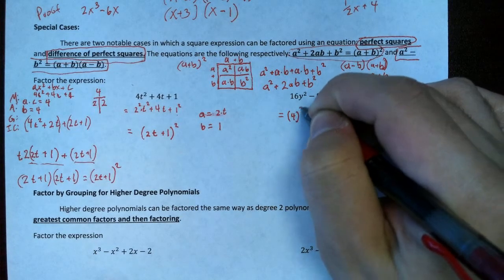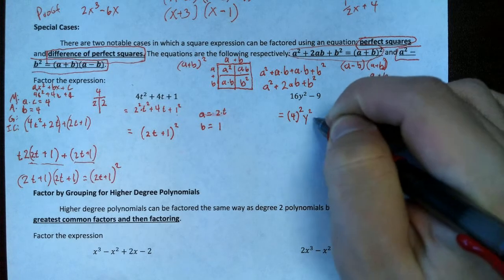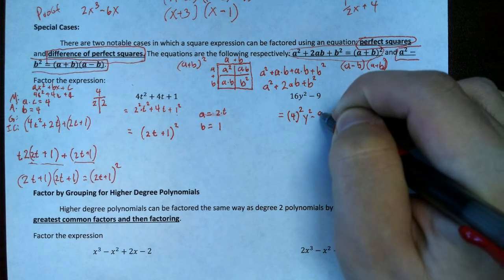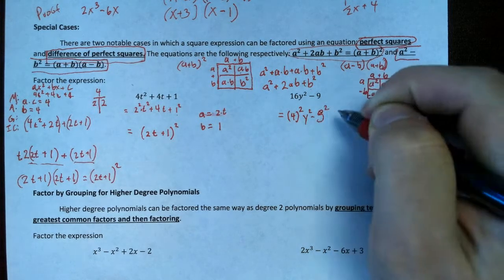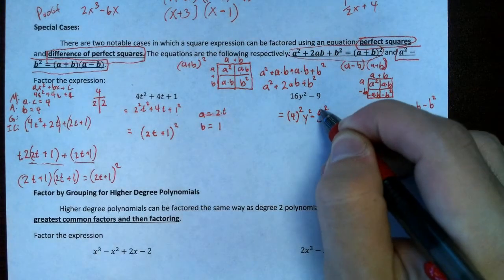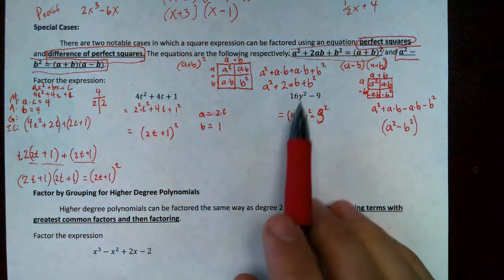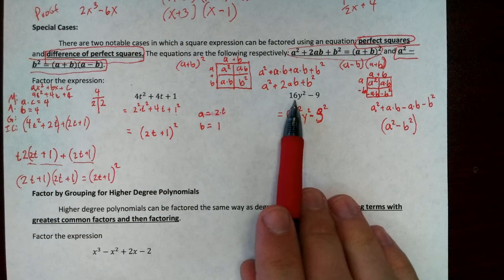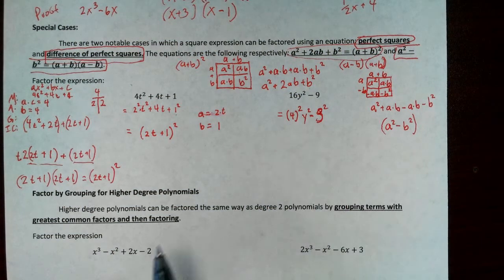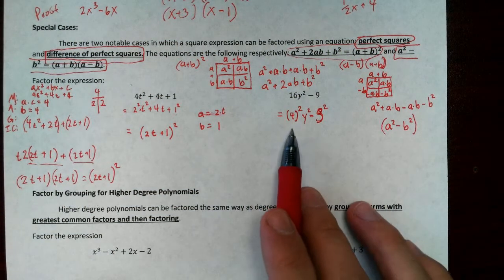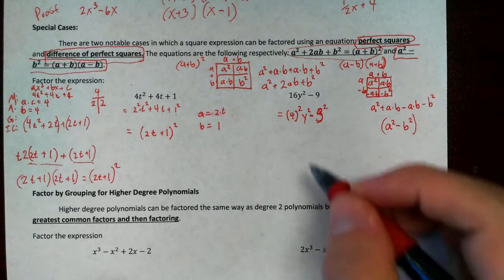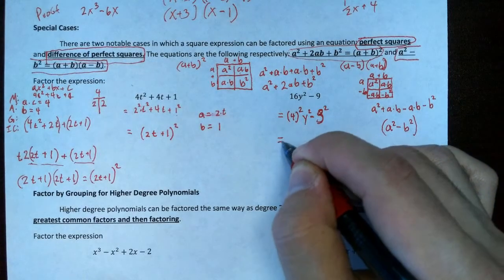express it just a little bit more clearly. I'm going to write 4 squared times y squared minus 9. Or sorry, minus 3 squared. And now maybe you don't need to do this. Maybe you can just realize what the base of those perfect squares are, and then just say that's what a and b equal. But if you don't, that's okay. Go ahead and take that extra step to secure your logic.